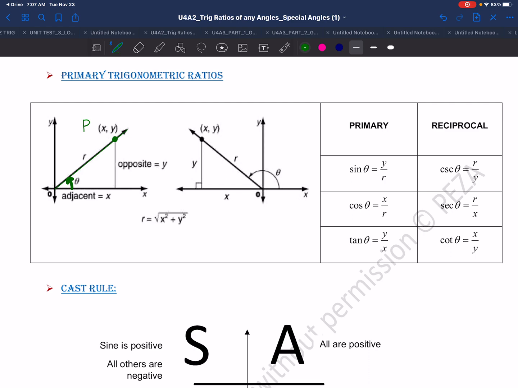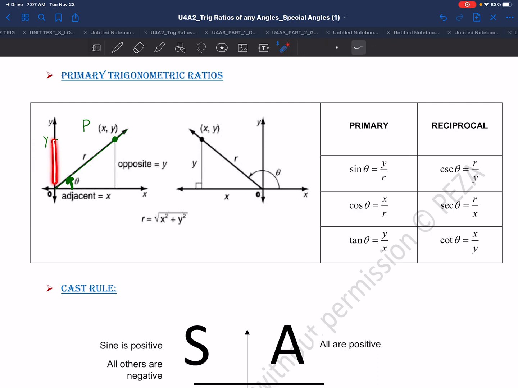So if the first coordinate is x, that means if you drop a perpendicular onto the x-axis, then this will be x units long, which makes this length equal to x. If you drop a perpendicular onto the y-axis, then you will know that this will be y units long.